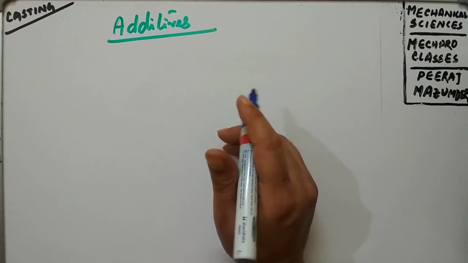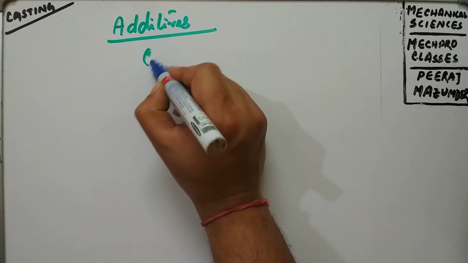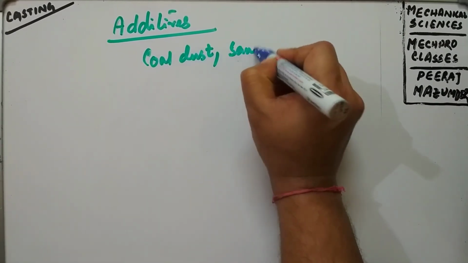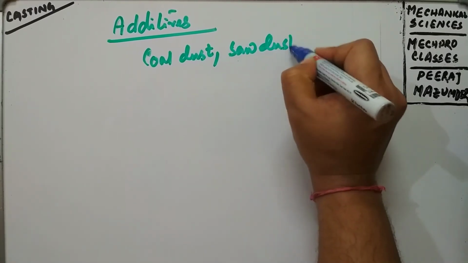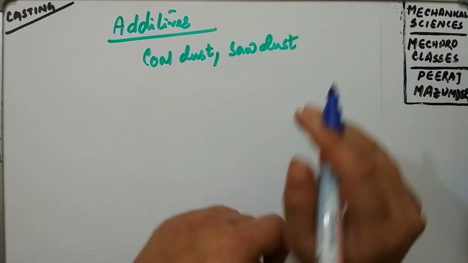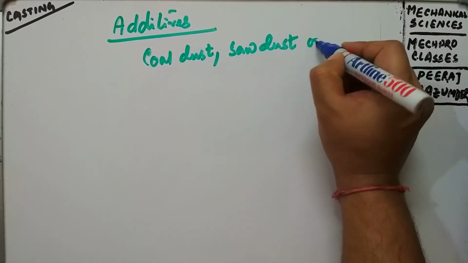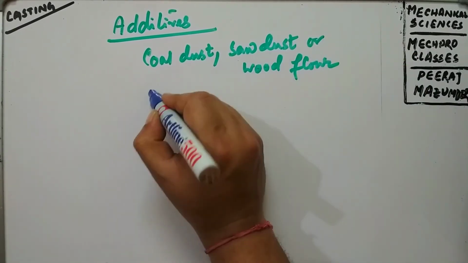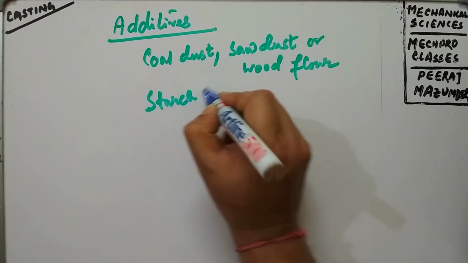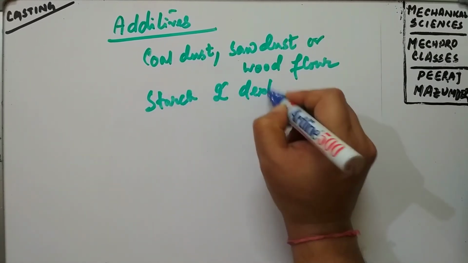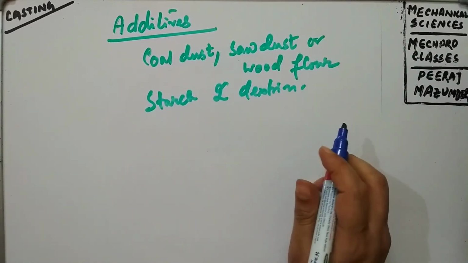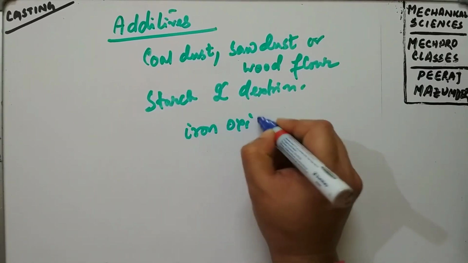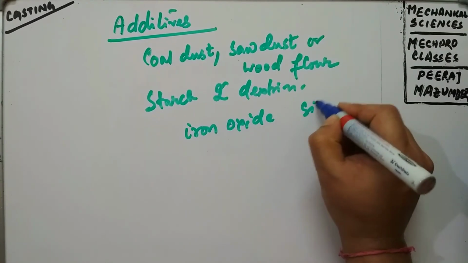Here you can write coal dust, sawdust, the material coming out of the wood while shaping the wood, or wood flour, starch, dextrin also, and there are also iron oxide or silica flour.